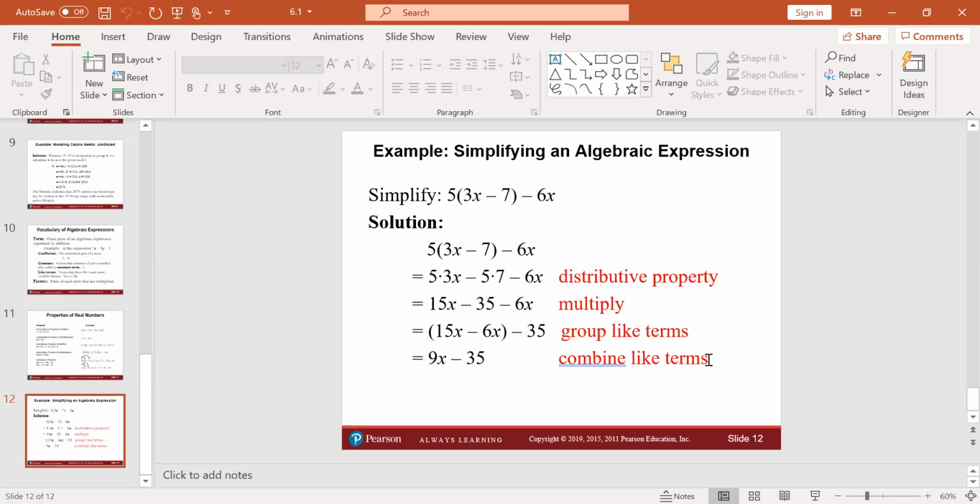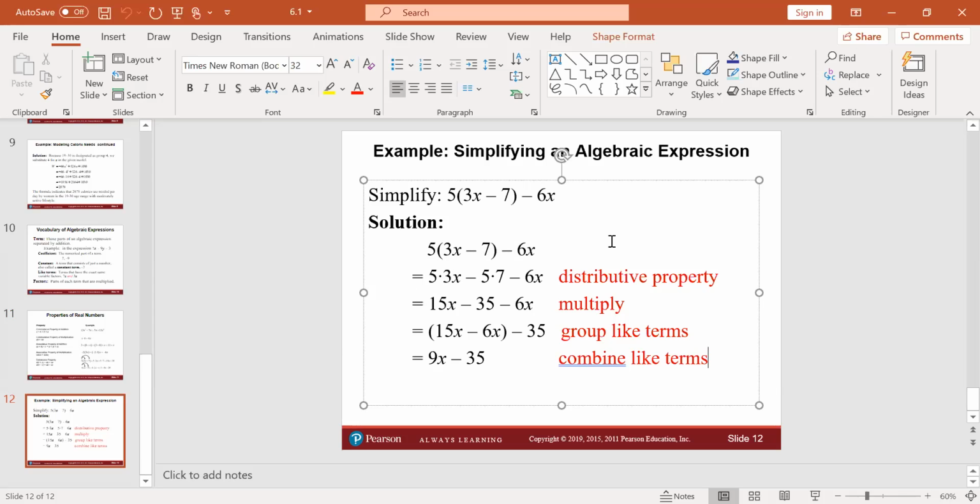And so if you wanted, you could say I have 5 times, in parentheses, 3x minus 7. And then outside of the parentheses, I'm subtracting 6x. Okay, distribute that 5. You've got to do 5 times 3x minus, because there's a minus sign here, 5 times 7.